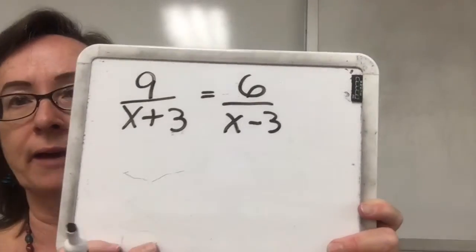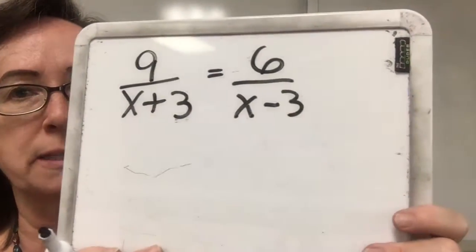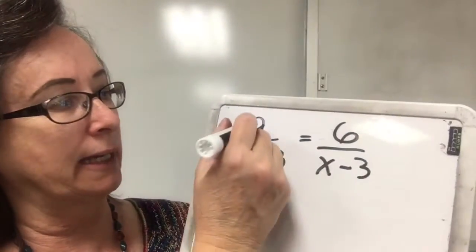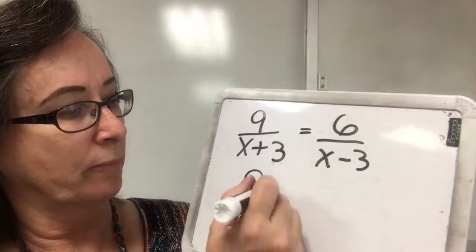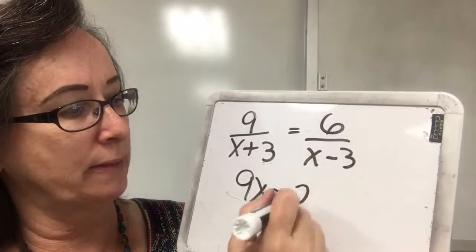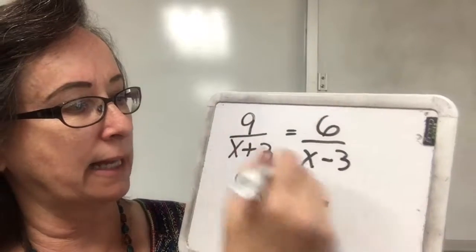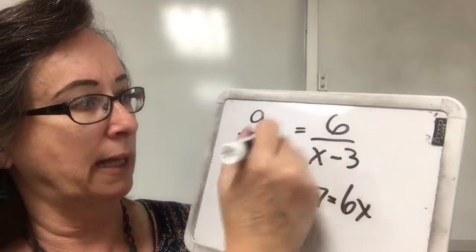So I now have a proportion which I will cross multiply, and when I do, I get 9x minus 27 equals 6x plus 18.